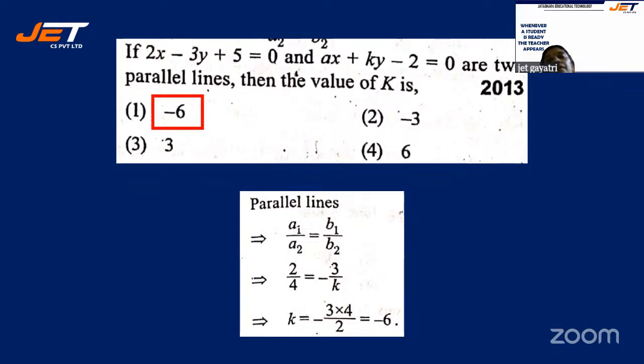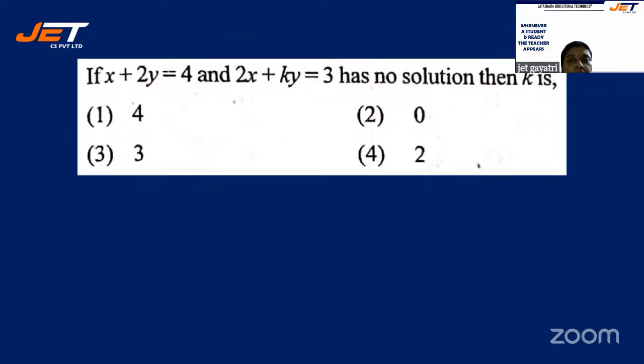All right. Fine. I'm sure you would have understood this. Let's move on to the next question. If x plus 2y is equal to 4 and 2x plus ky is equal to 3, it has no solution, then k is dash.